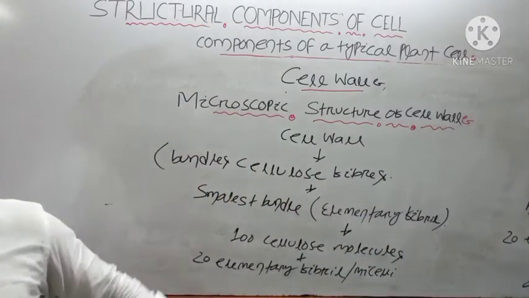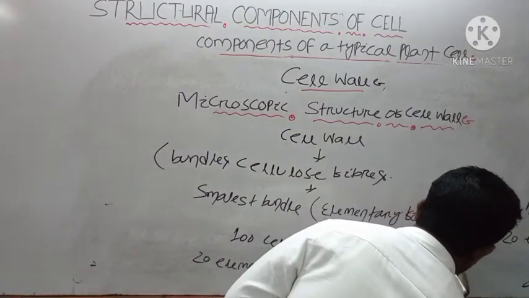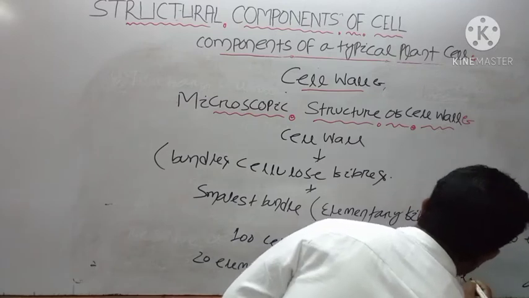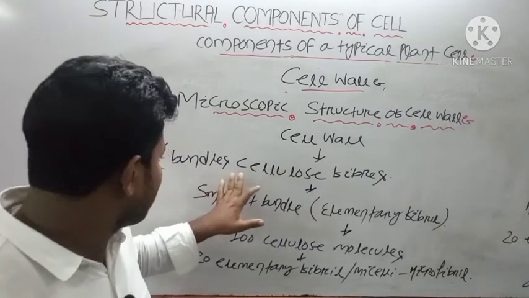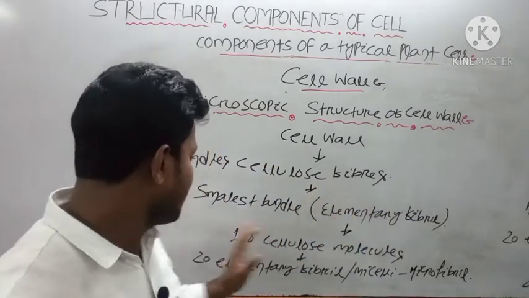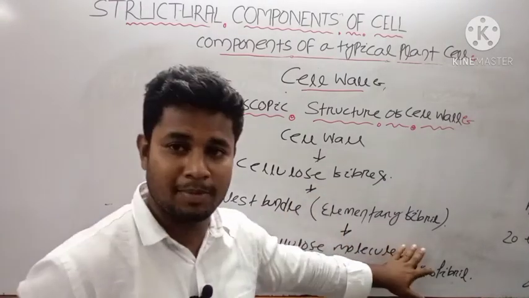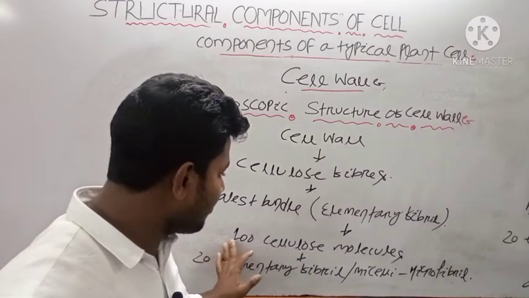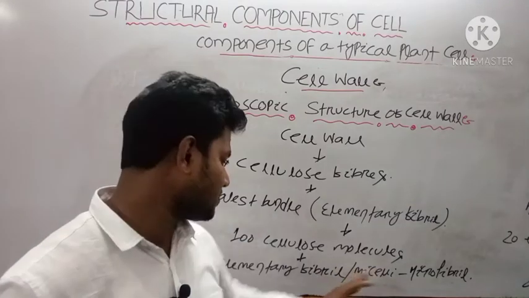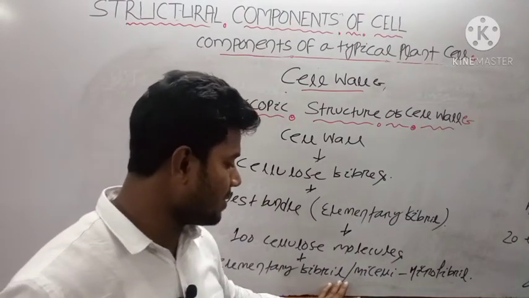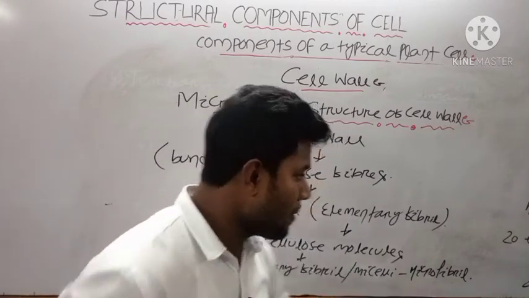They will form the microfibril. First the cell wall is made up of bundles of cellulose fibers. Then the smallest bundle of cellulose fiber is known as your elementary fibril, made up of 100 cellulose molecules. Then 20 elementary fibrils, which we call a micelle, will form the microfibril.